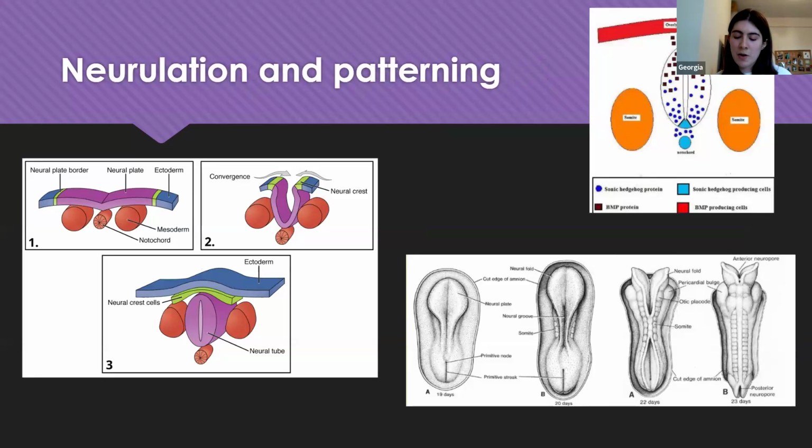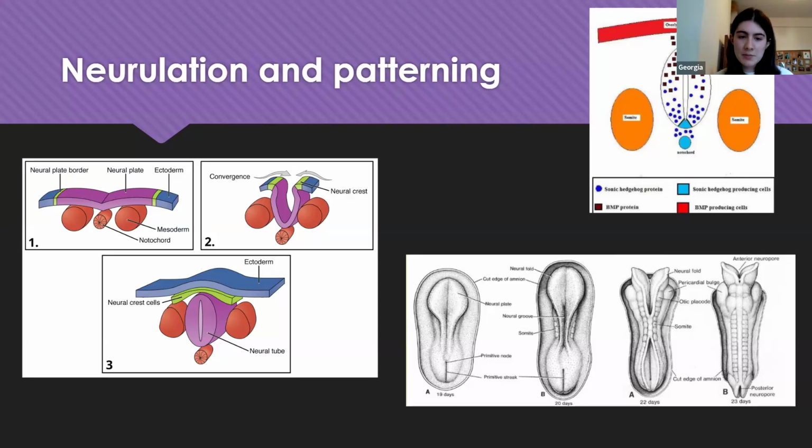The next step of nervous system development is something called neurulation. This is the process by which the neural plate, so the ectodermal cells that will become the nervous system, create the neural tube. The notochord is really important to this. The notochord was that structure formed from the axial mesoderm, and it induces neurulation. Firstly, the neural plate buckles at the midline to form something called the neural groove.